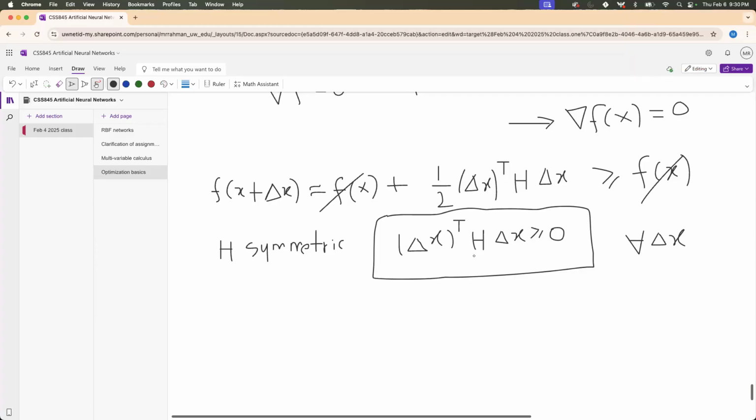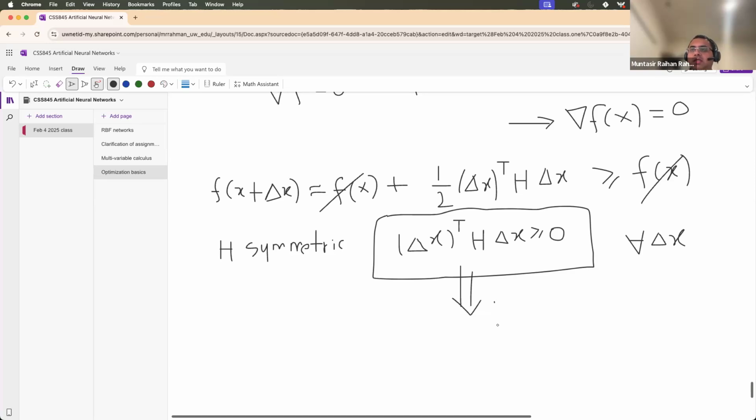Positive semi-definite, exactly. So that means that H must be positive semi-definite. So that's the second order condition.